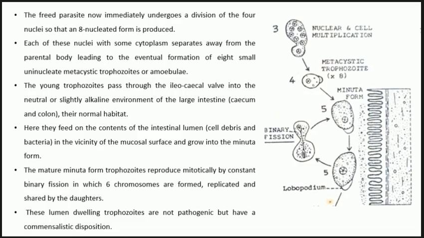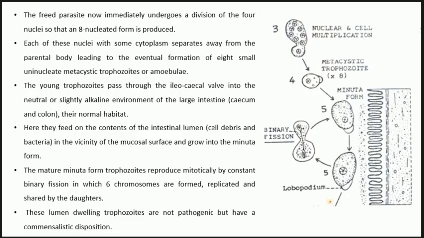Each nucleus will have a small amount of cytoplasm, and from there they will go away from the parental body, as shown in figure number 3, nuclear and cell multiplication.